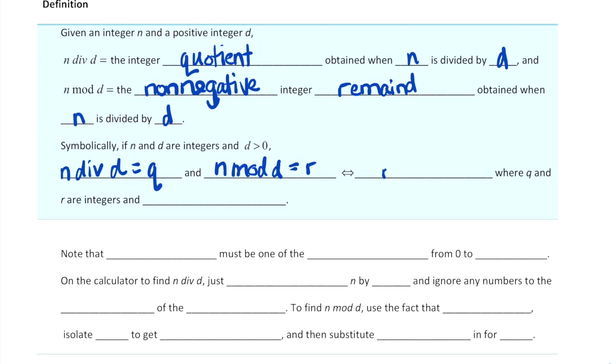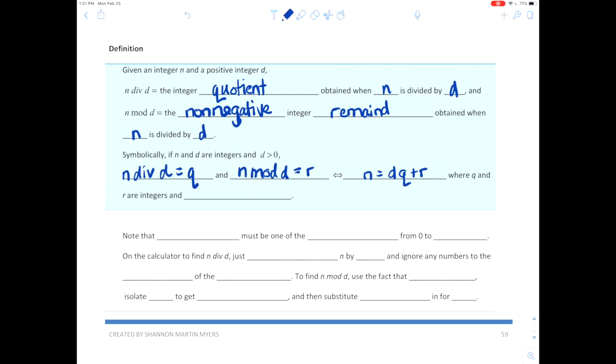If and only if n is equal to d times q plus r, where q and r are integers and 0 is less than or equal to r is less than d. Cool, cool? Okay, note that n mod d must be one of the integers from 0 to, beautiful, d minus 1 inclusive.